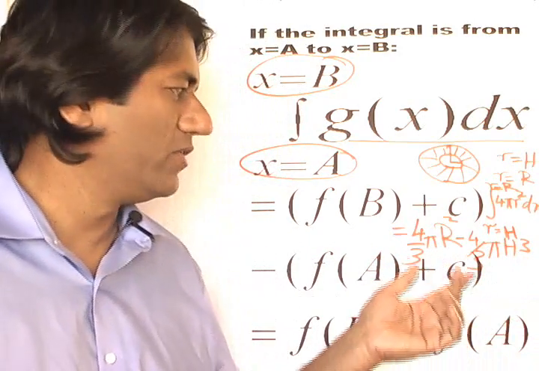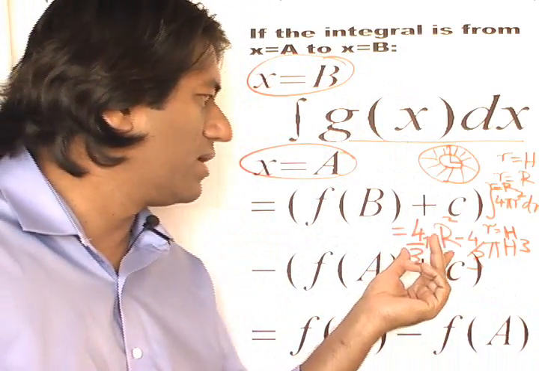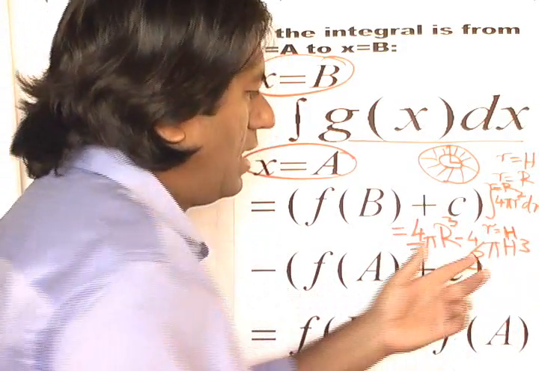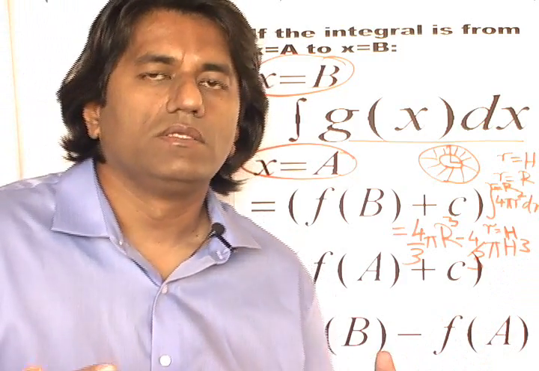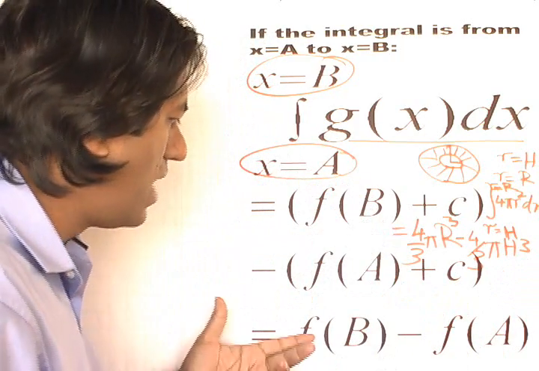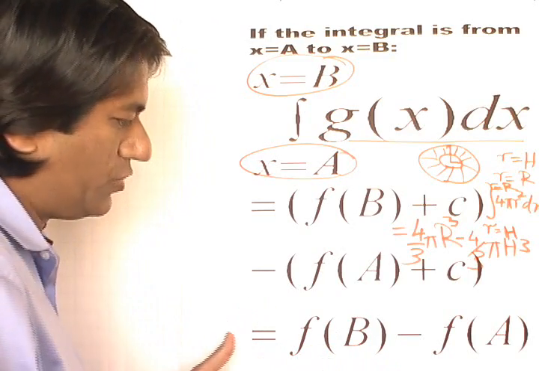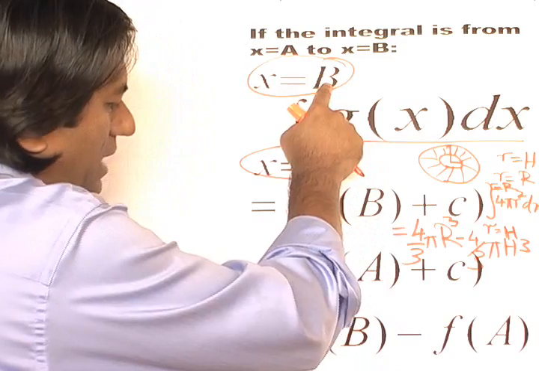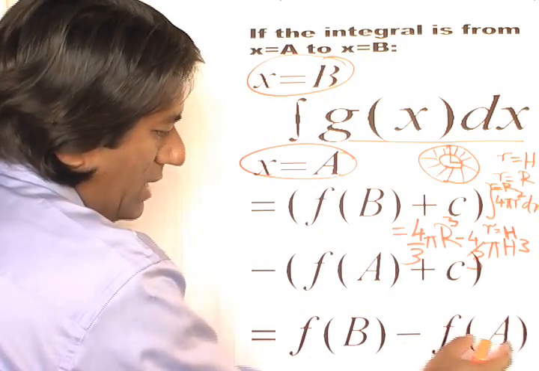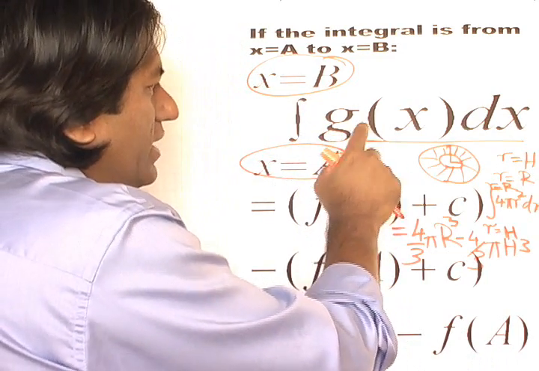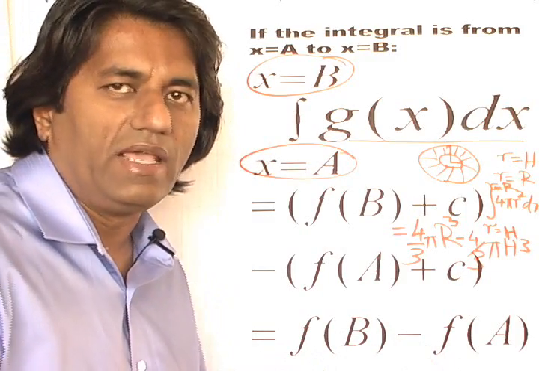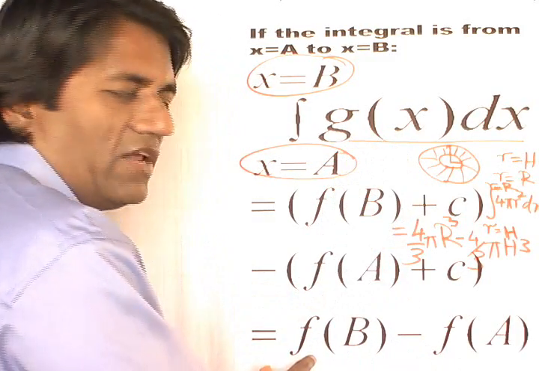You're saying that the volume of that hollow sphere is the volume of a complete sphere, 4/3 pi R cube, minus the volume of the sphere inside with a radius of capital H. So for definite integrals between two limits, the value equals f of the upper limit minus f of the lower limit, where f is a function which equals the integral of g(x) dx, or alternatively g(x) equals the derivative of f(x).